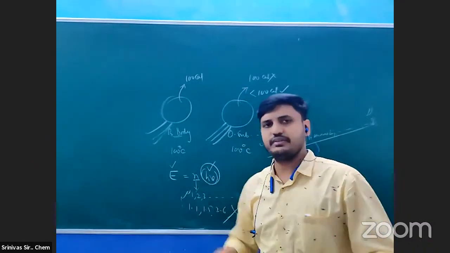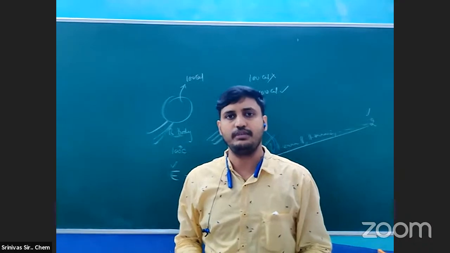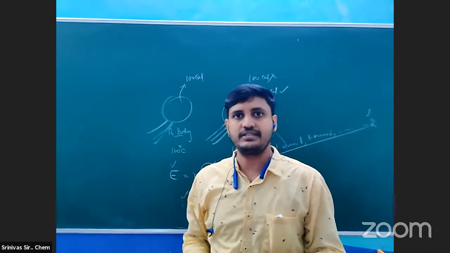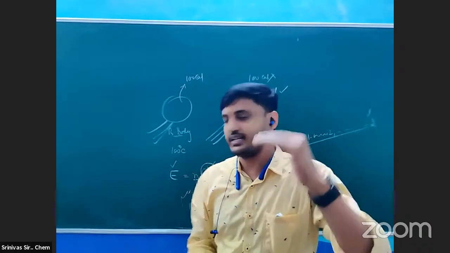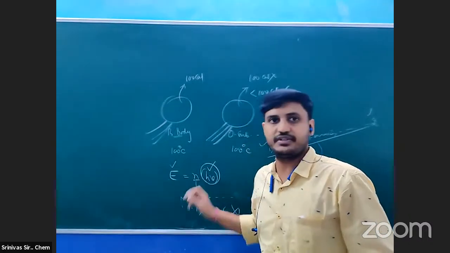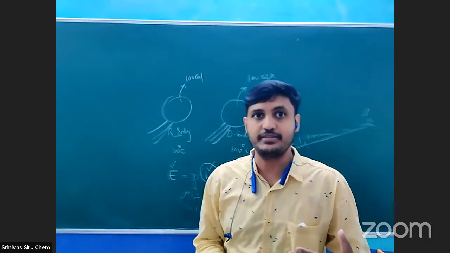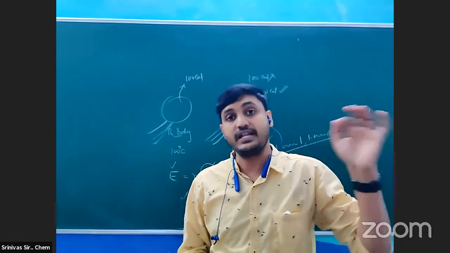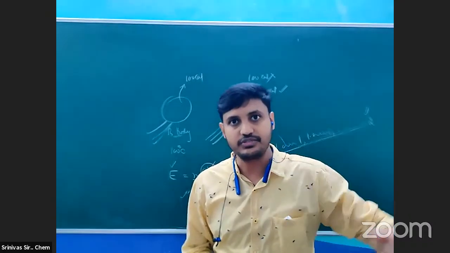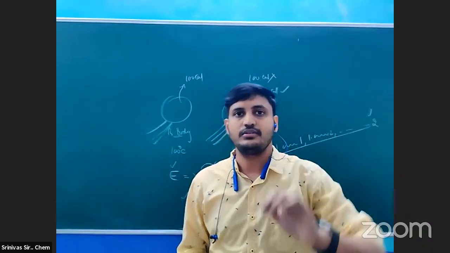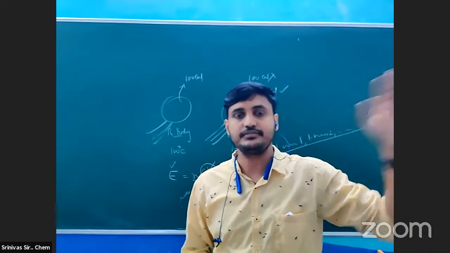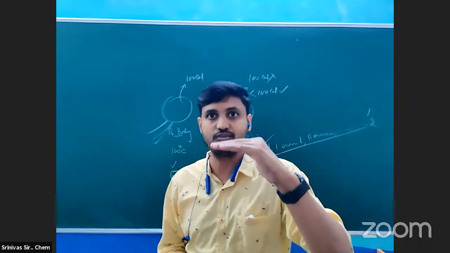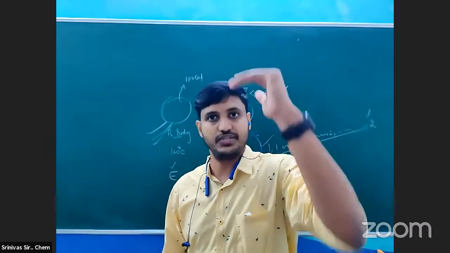If n allows all values, not only whole numbers, then for a particular energy 1 times h nu, the next possible energy must be 1.000001 times h nu, and the next possible energy must be 1.000002 times h nu, like that. What does it mean? Between one energy and the next energy there is a continuity.